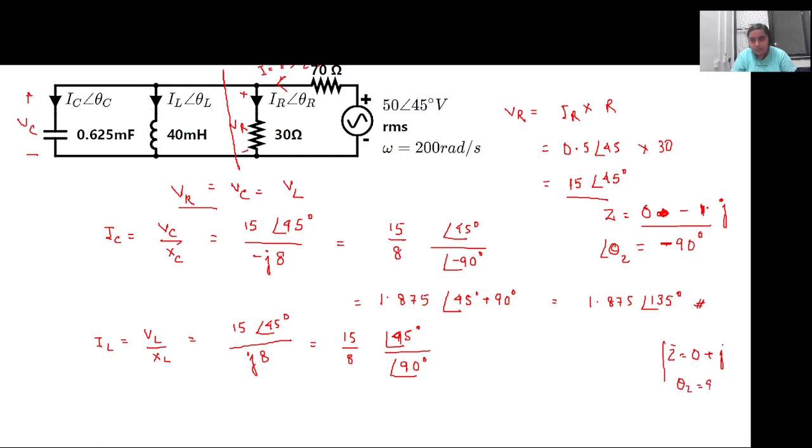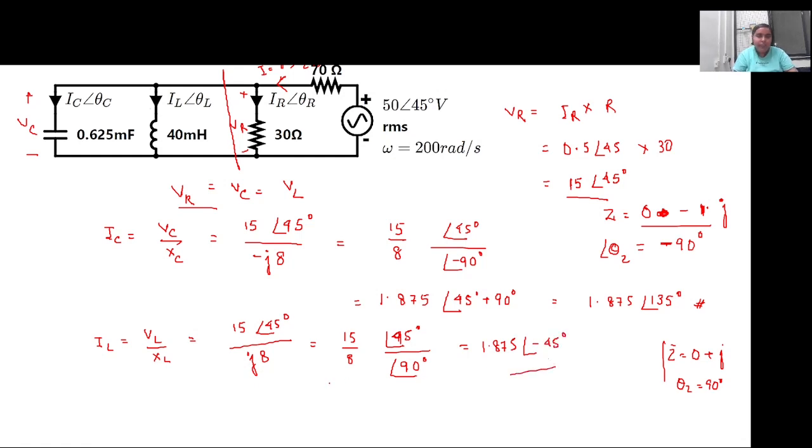So theta Z equal to 90 degree. Let's calculate the magnitude in positive values itself. So it is again 15 by 8, which is 1.875, and the angle is minus 45 degree.